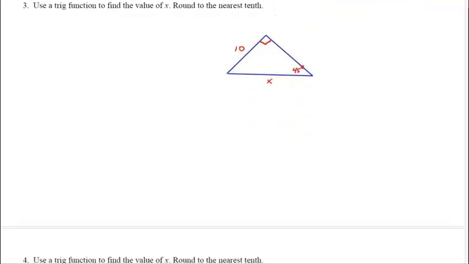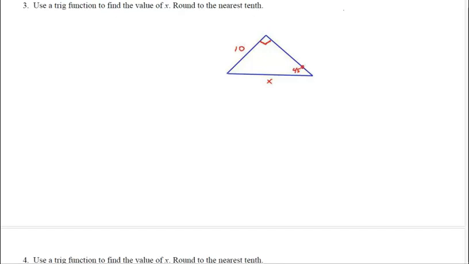All right, so for number 3, I'm trying to find this unknown, this side labeled as x. So looking from the 45 degree angle perspective, I'm given the opposite side of that angle and I'm trying to find the hypotenuse.